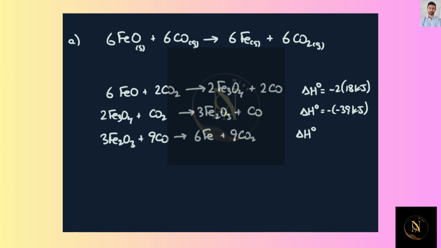Delta H naught here is equal to 3 times minus 23 kilojoules.